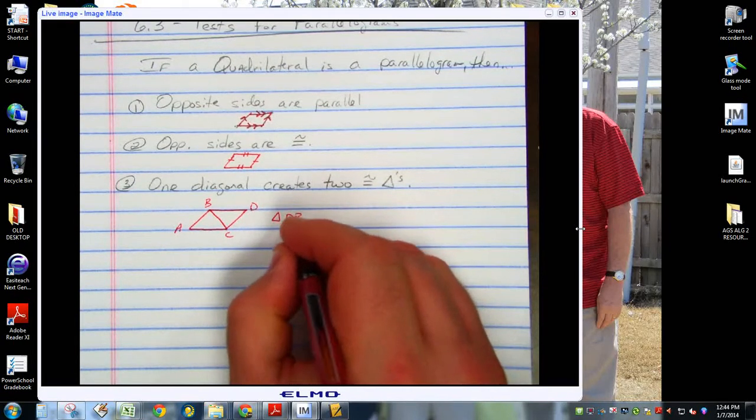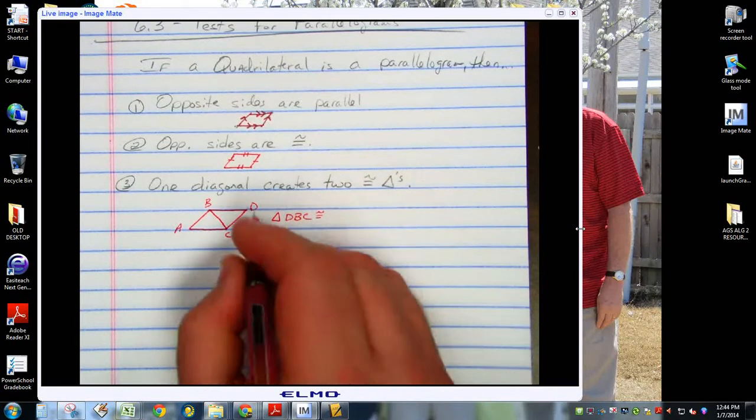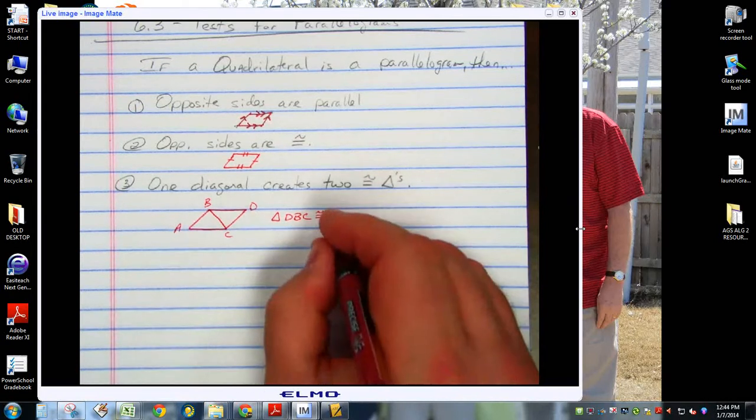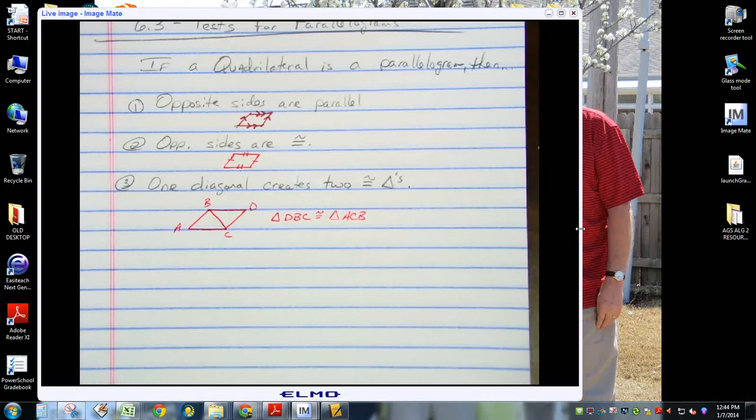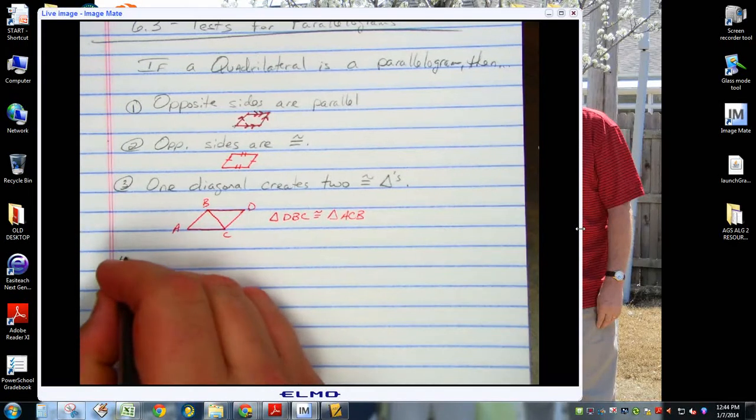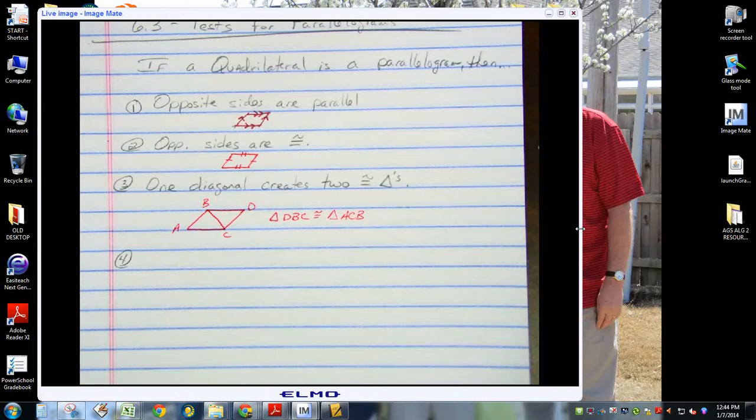Triangle DBC is congruent to triangle ACB. That is correct. Anything else?